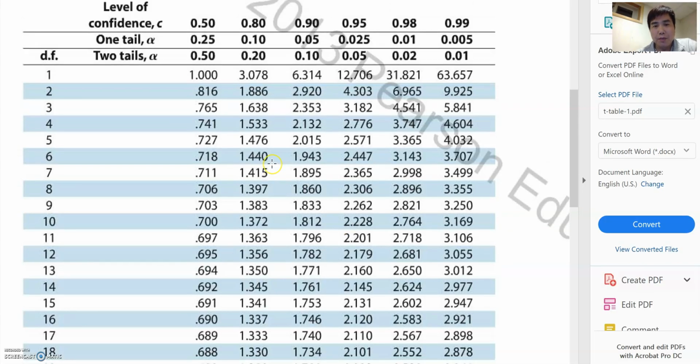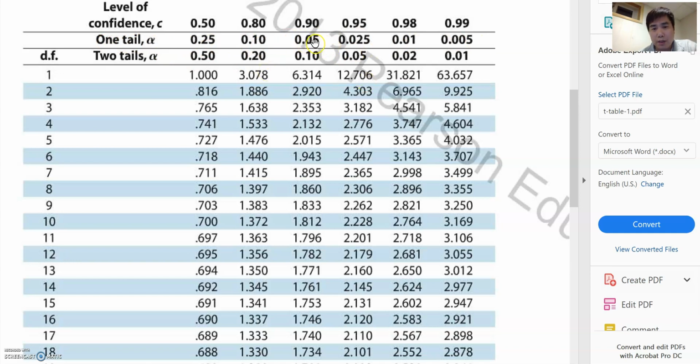This is the t-table. When you look at the t-table, it shows one tail alpha and two tail alpha. We are talking about a one tail test this time, so you are finding the one tail alpha region here. What was the alpha value? Yes, 0.05.